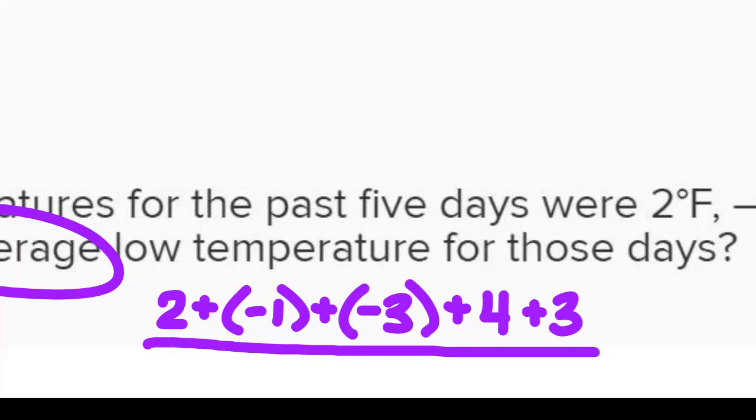So we add all those together, and then we're going to divide. What are we dividing by in this case? 5. They gave us information for 5 days, so we have 5 numbers we're going to divide by 5. How does this simplify? What do we get when we add up the top?